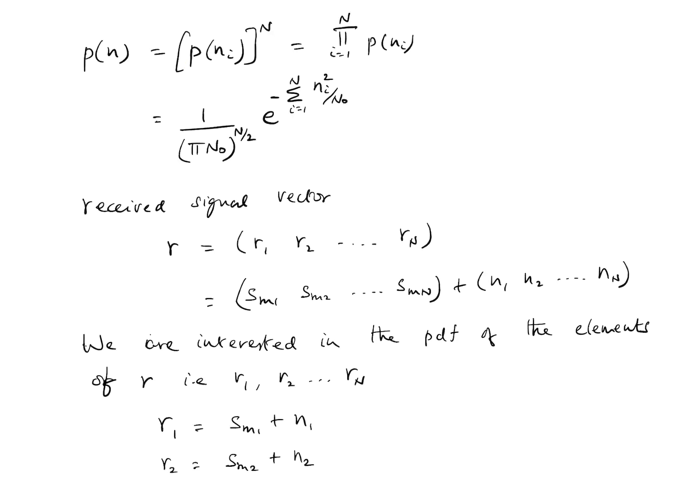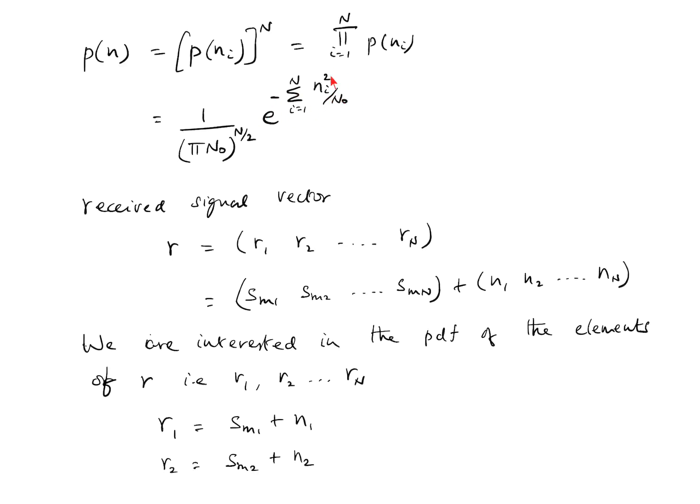So we can write that as the product of the individual PDFs, and because they are all the same PDF, we can simply write it as power n. When we take it to the power n, this power half to the power n becomes power n by 2, and when you multiply the terms, the exponents get added, right?